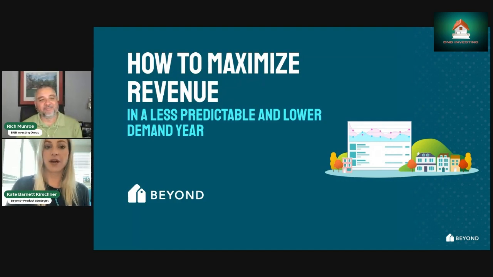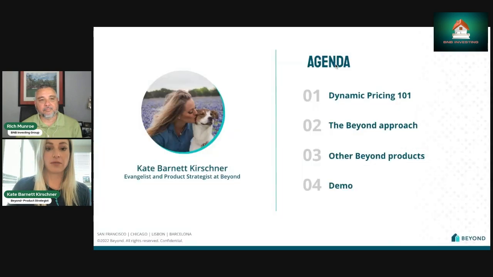Awesome. So today we're going to walk through how to maximize revenue, especially in a less predictable and lower demand year. We'll walk through what dynamic pricing is to begin with. I think a lot of people throw the term dynamic pricing around and don't necessarily know exactly what it means and how that differs from revenue management.